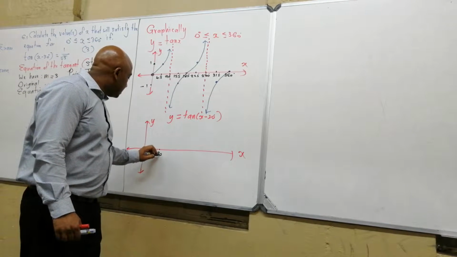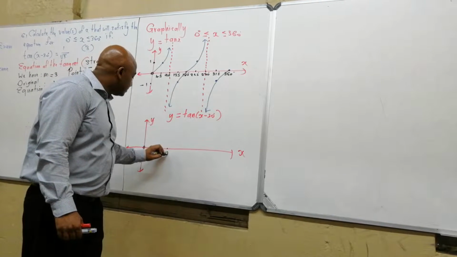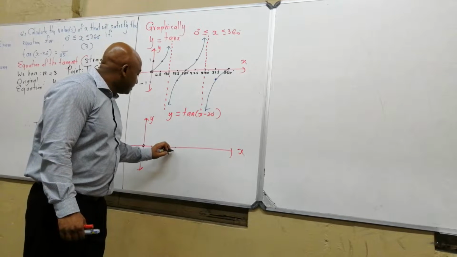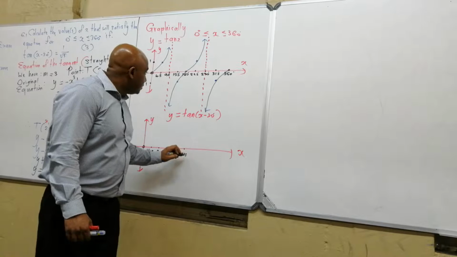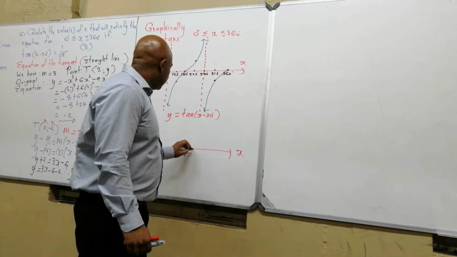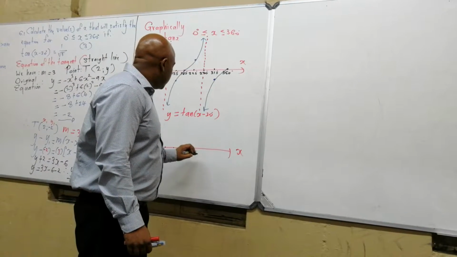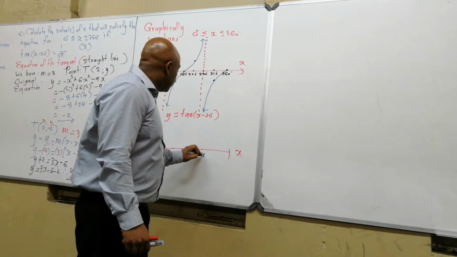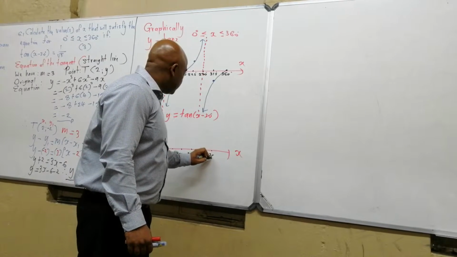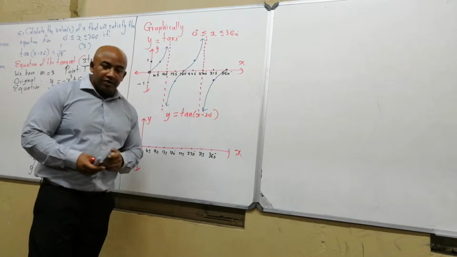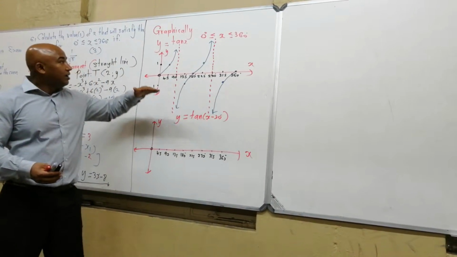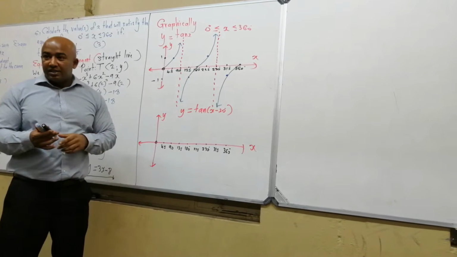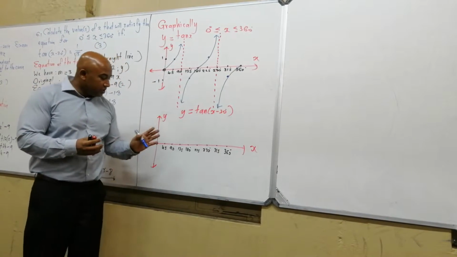This one is 90, 135, that is 180, 225, 270, 315, 360. Okay, that was the domain. And these were all the critical values for y is equal to tan x. But now, what do you notice here?